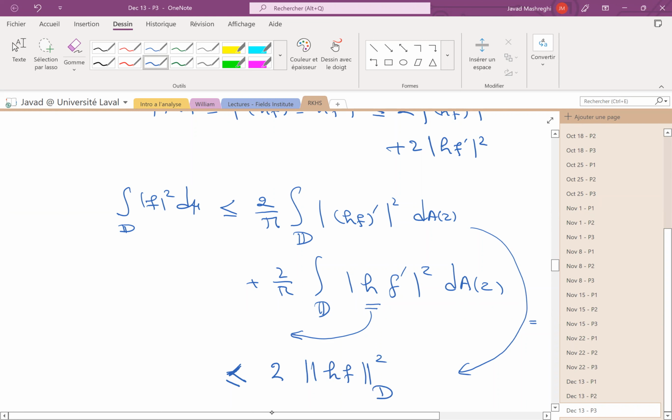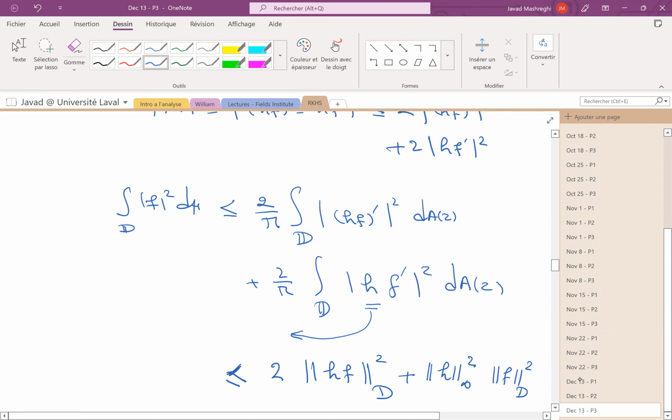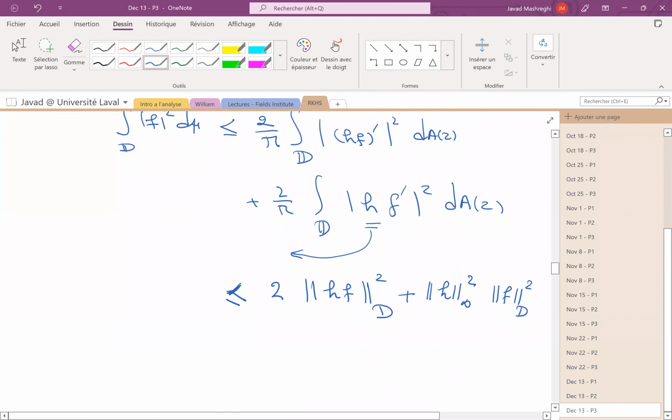Indeed, even for that one it is less than because there is a constant term. So forget my comment. And for the other one, I write plus norm of h infinity squared. And what remains is majorized by the norm of f in D squared. So very rough estimation.